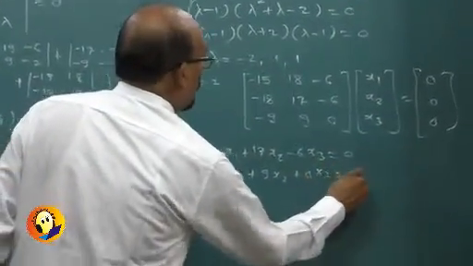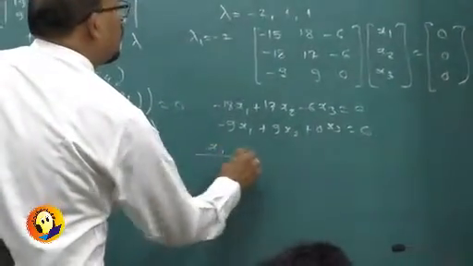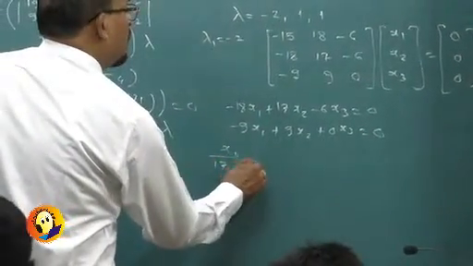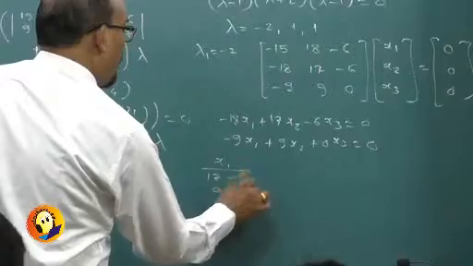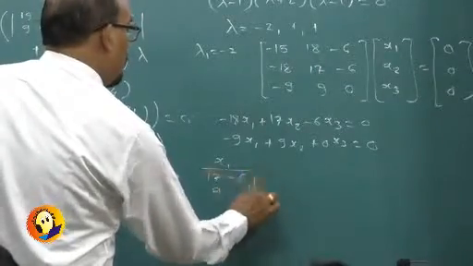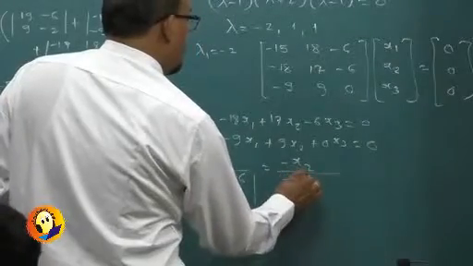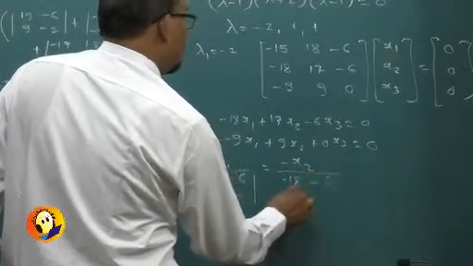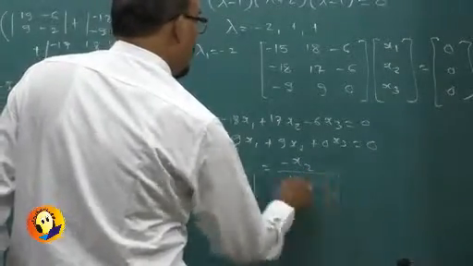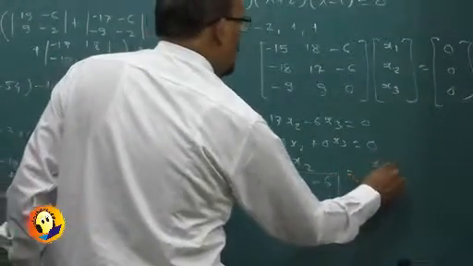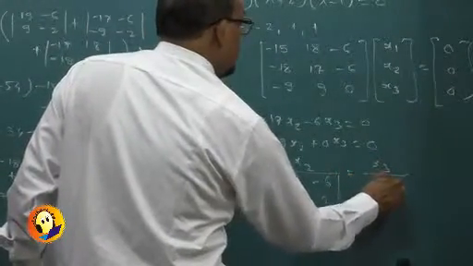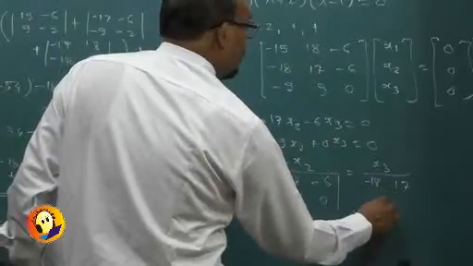And minus 9x1 plus 9x2 plus 0x3 equal to 0. So we get x1 upon 17 minus 6, 9, 0 equal to minus x2 upon minus 18 minus 6, minus 9, 0 equal to x3 upon minus 18, 17, minus 9, 9.